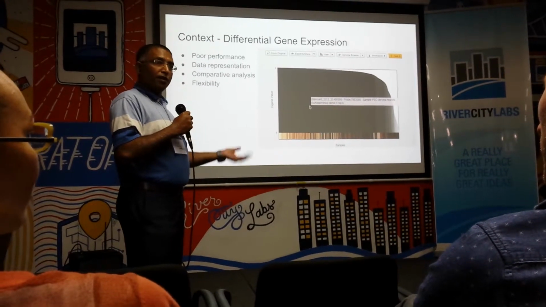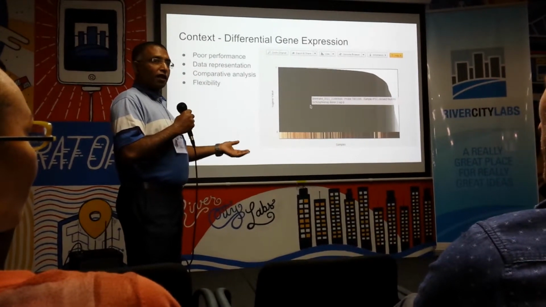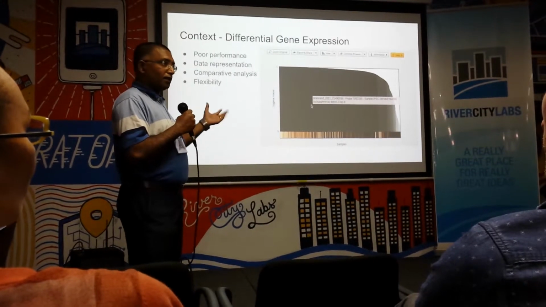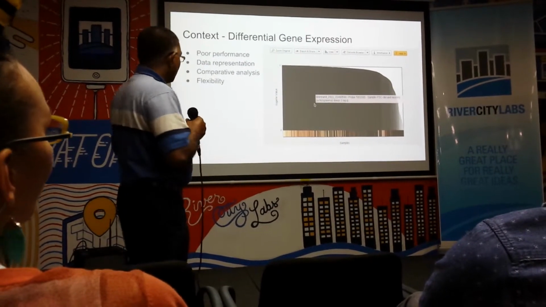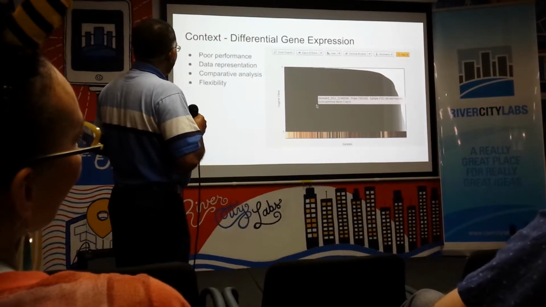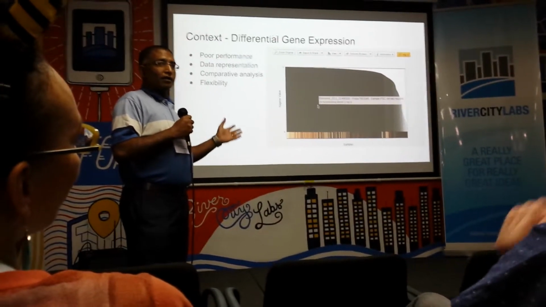Normalizing them for comparative study is a challenge in itself. So Eugene does that, but to an extent it needs help now with an increasing amount of data, and flexibility, of course, being a legacy system.